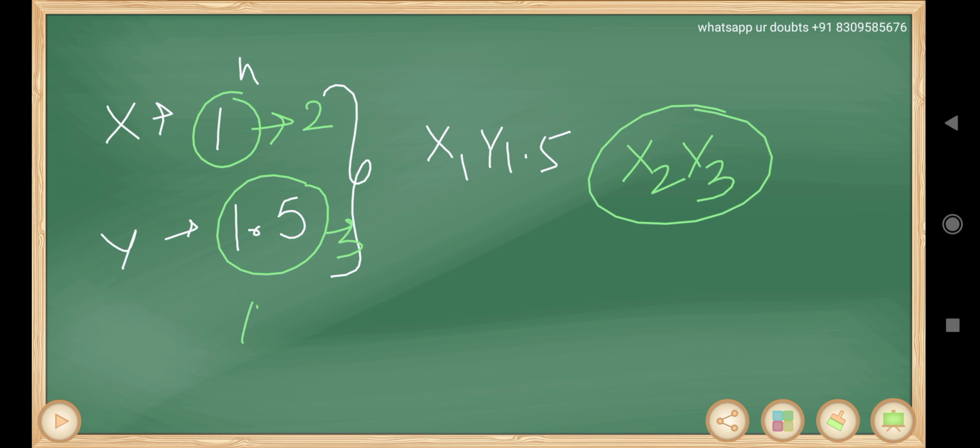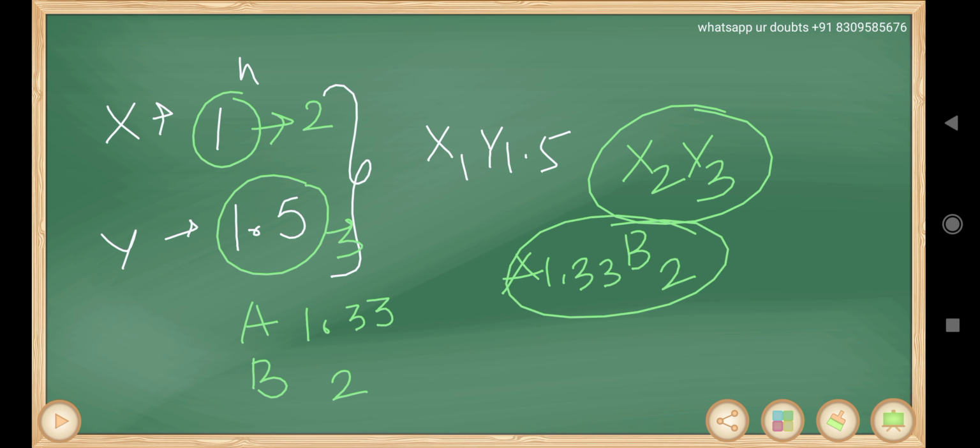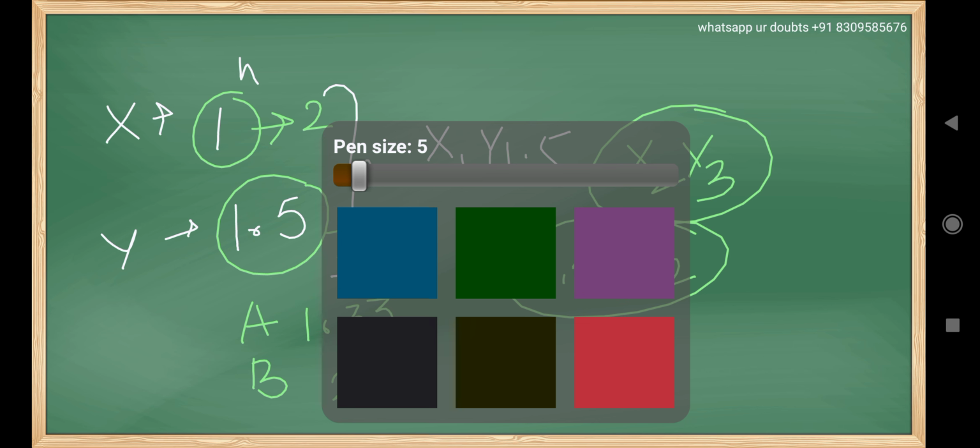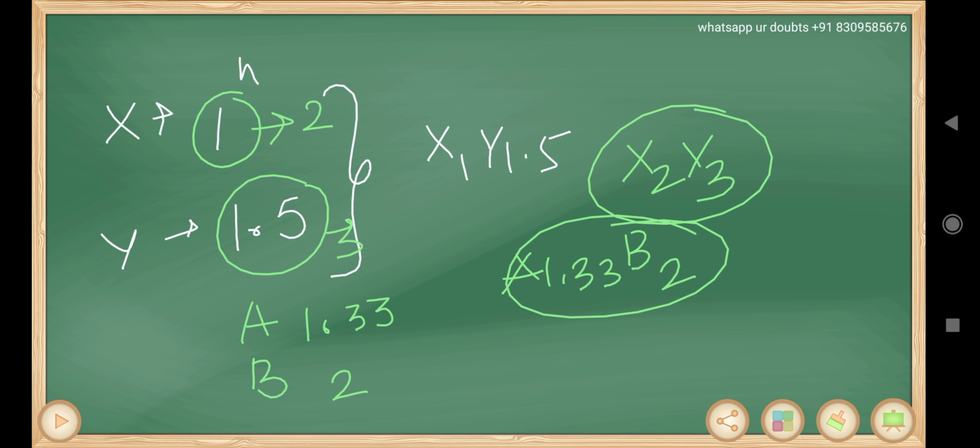Let us say A and B are there. For A you got 1.33 as the final answer, for B you got 2. You can't write A 1.33, B 2. It won't look good. So you need to convert that into the nearest whole number. If you multiply by 2, it will become 2.66.